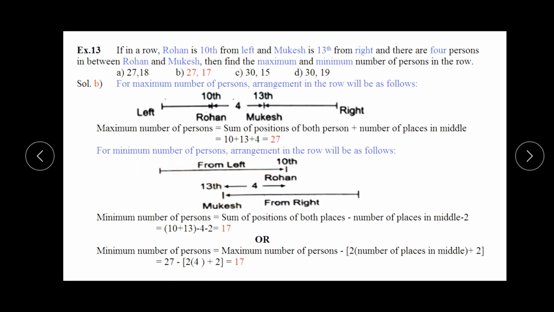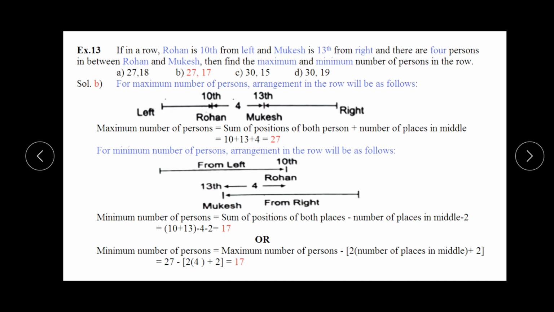It means these 4 persons and these 2 persons, this position and this position, are counted twice. If we are counting any persons twice, we cannot say that this is the total number of persons, because we are counting these 6 persons twice, and the other remaining persons we are counting only once.